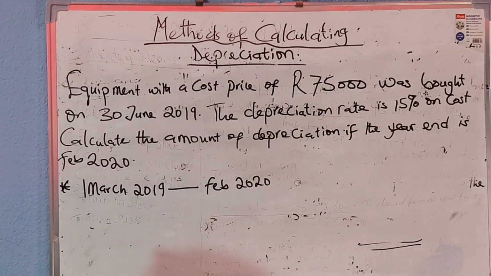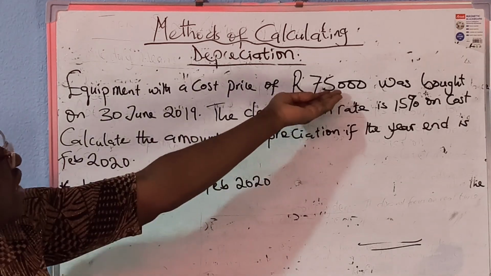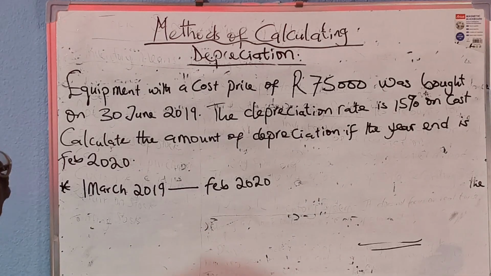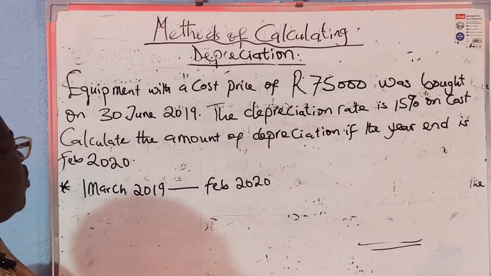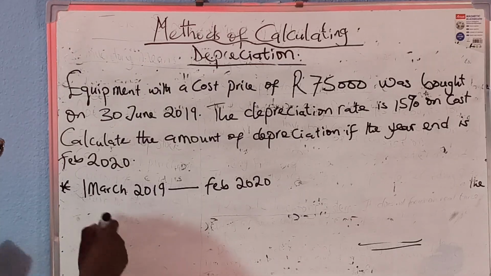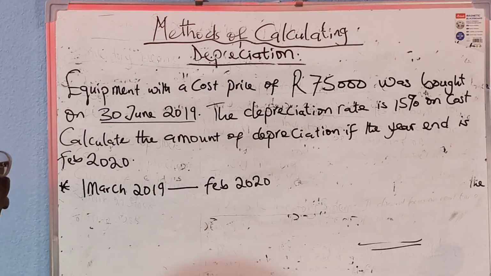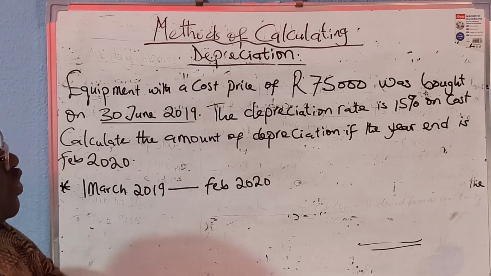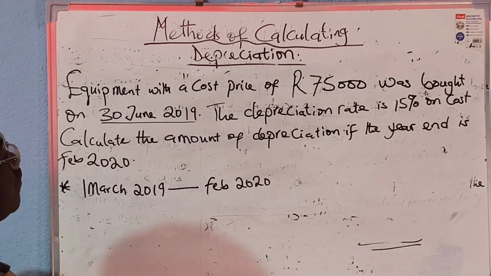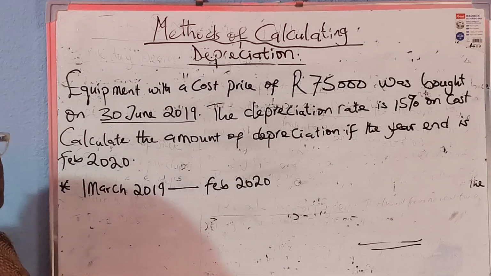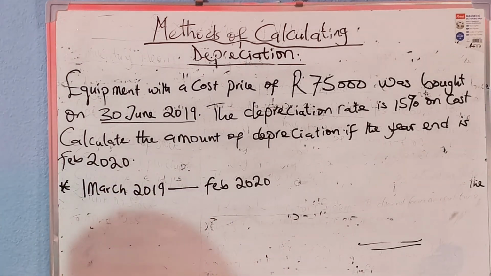During the financial year, we bought an equipment worth 75,000, specifically on the 30th of June. The depreciation rate is 15% on cost. We are to calculate the amount of depreciation.